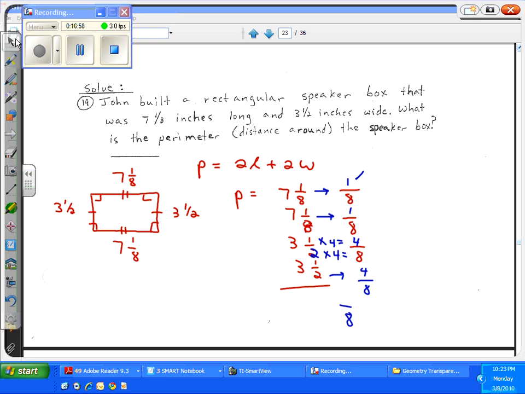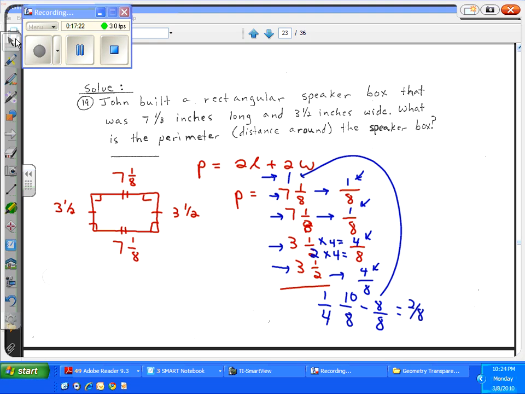So we add up all the total eighths. 1/8 plus 1/8 is 2/8, and 4/8 is 6/8, and 4/8 is 10/8. 8 of those eighths would make one whole, with 2/8 left over, and that 2/8 reduces to 1/4. So we have 1 and 7 is 8, and 7 is 15, and 3 is 18, and 3 is 21 1/4 inches for the perimeter, or the distance around the speaker box.